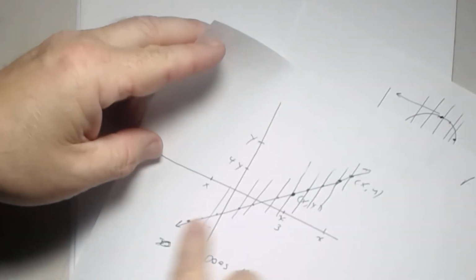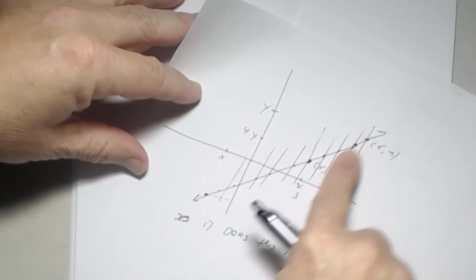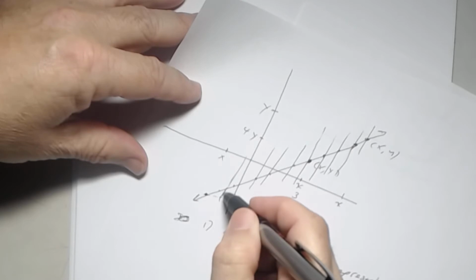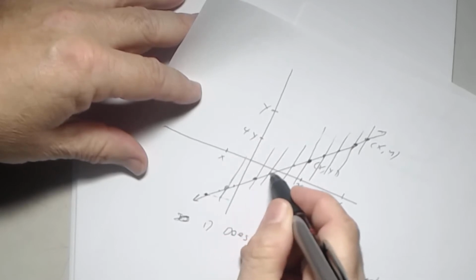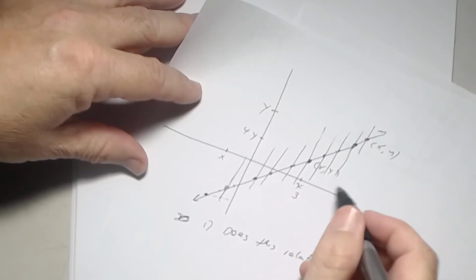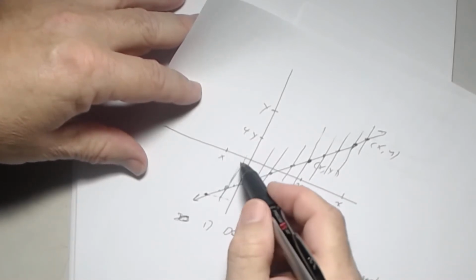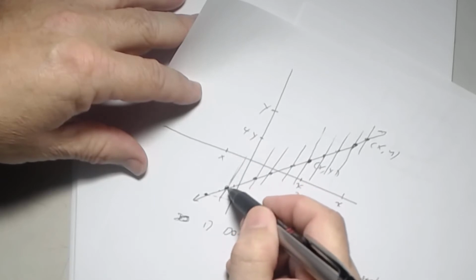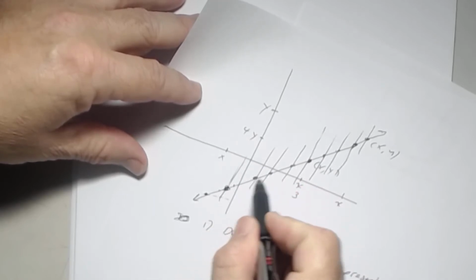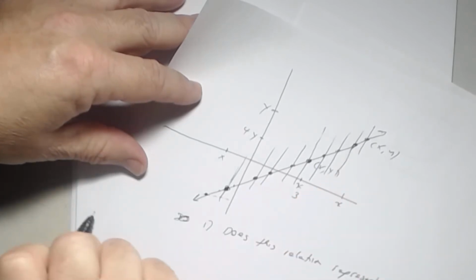When we said this was a function, when I drew a vertical line all the way across, it intersected the graph how many times each? Just once. So that means when I drew this vertical line for this x coordinate, there's only one y coordinate for each of those x's.